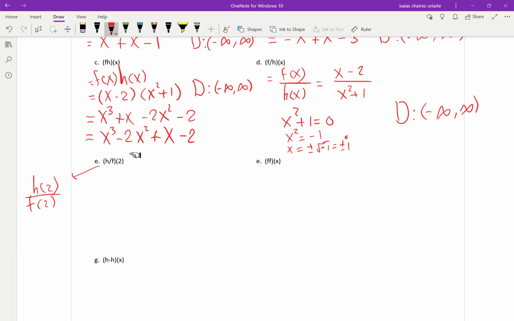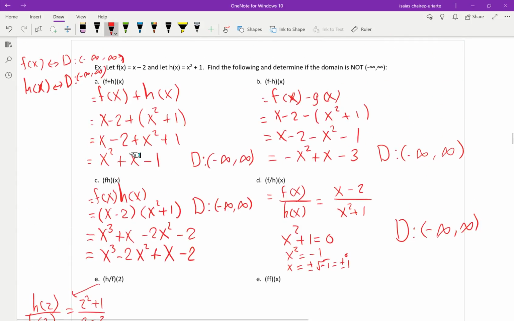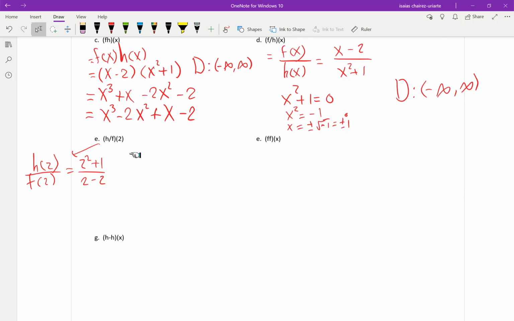Then it's just a little bit of arithmetic. This is going to become 2 squared plus 1 divided by 2 minus 2. So we're going to get 5 divided by 0. So this is undefined.